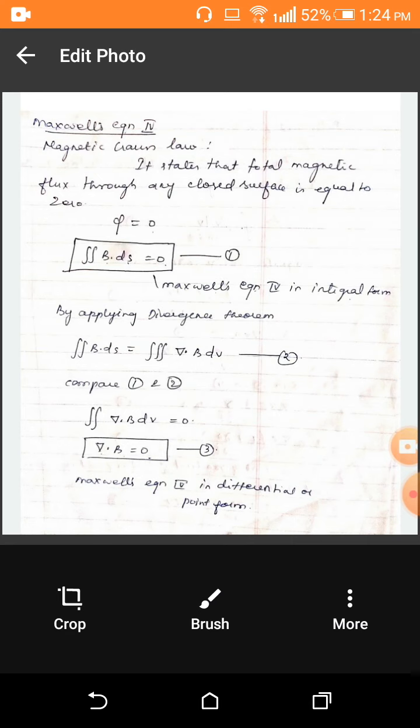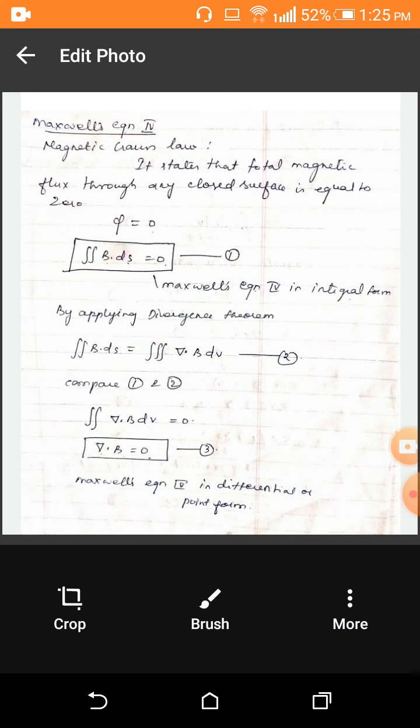And next is Maxwell's fourth equation, based on Gauss law of magnetostatics. Gauss law of magnetostatics states that a closed surface integral of magnetic flux density is always equal to the total scalar magnetic flux enclosed within that surface of any shape or size lying in any medium.